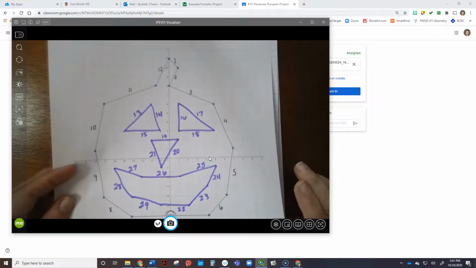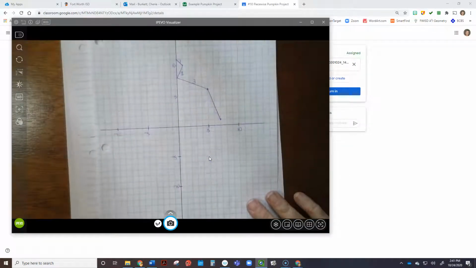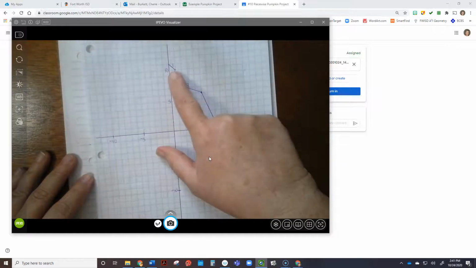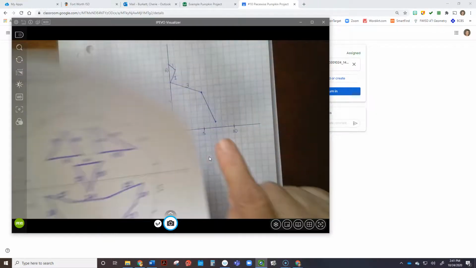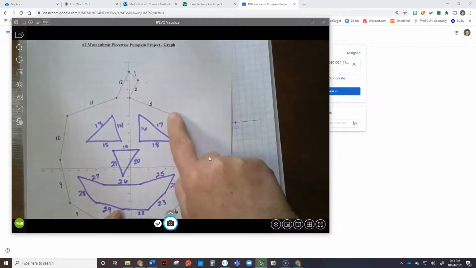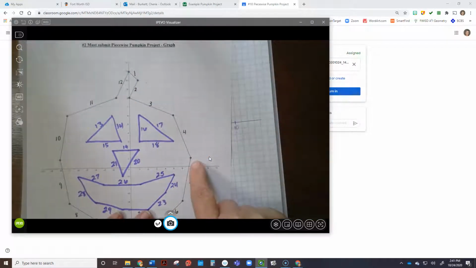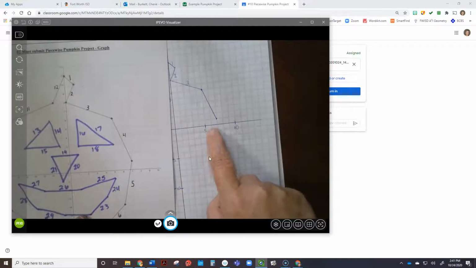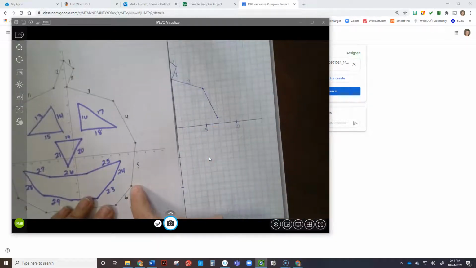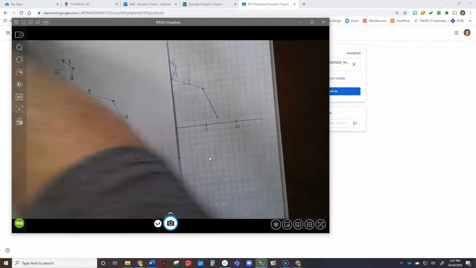If you didn't have a printer, then I said, that's okay, grab a piece of graph paper. But when you grab this graph paper and you graph each one of these points right here, I expect you to graph them correctly. So this next point right there I just graphed was 7, 1. So the next one was at the point 6, -4.